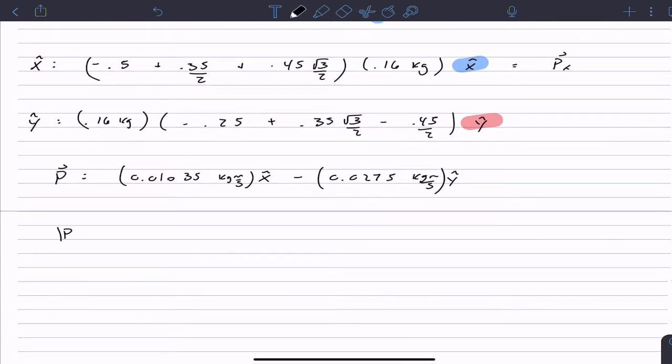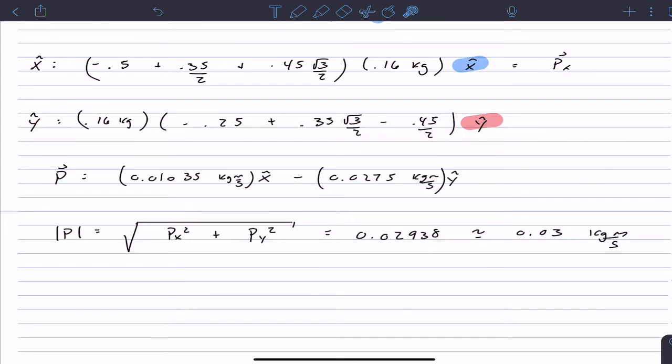Okay, and then we take the components, square them under a square root to see what our magnitude is. That gives us 0.02938, or we could just say it's 0.03 kilograms meters per second. That's the magnitude of your total momentum vector.